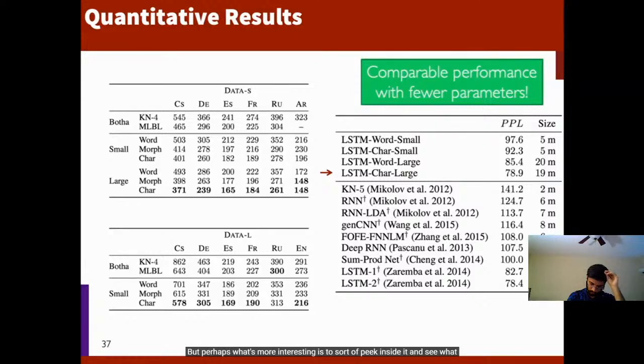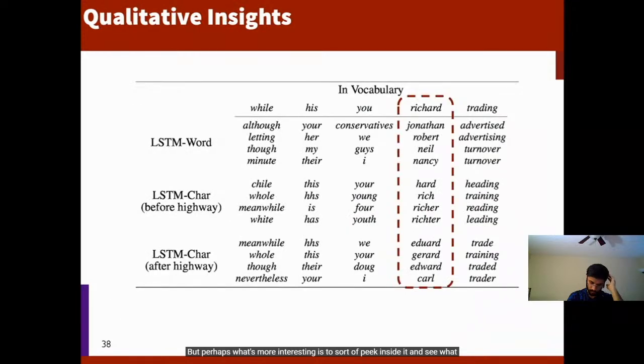But perhaps what's more interesting is to peek inside it and see what happens with the representation of words when built out of characters. And this part is actually a bit cool. What this is showing is, for words up the top, while, you, Richard, trading, it's asking what other words are most similar to it according to the word representations that are computed.